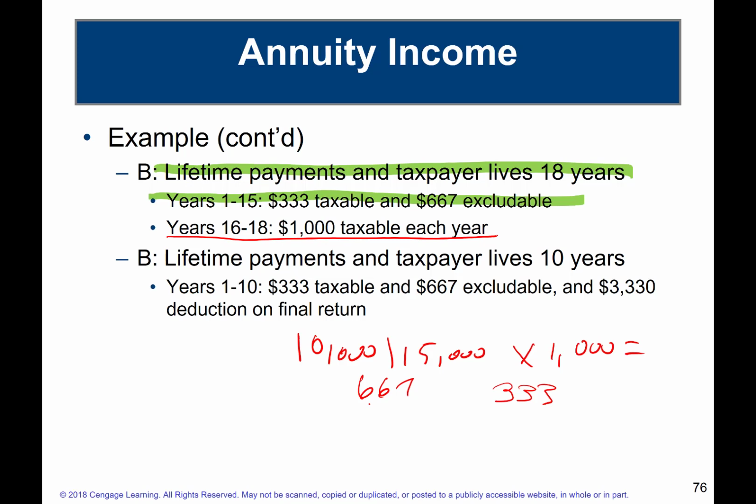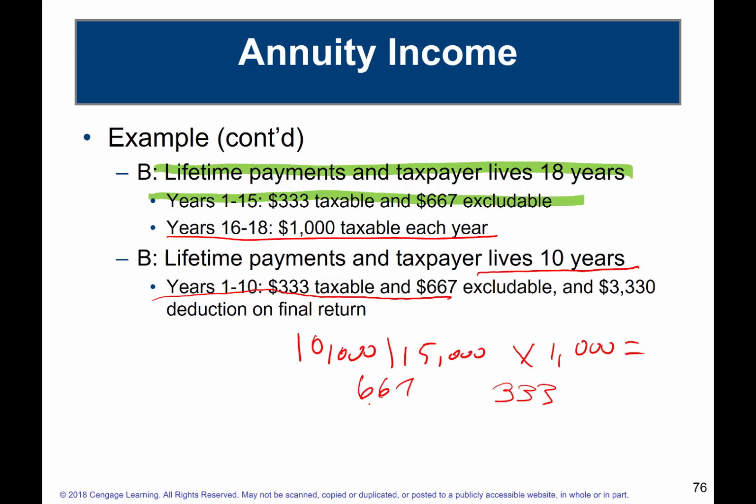Now if you happen to be so unlucky that you don't make it the 15 years and you die after 10 years, then again, in years 1 through 10, since they didn't know you were going to die too soon, you would have that same includable and excludable amounts.